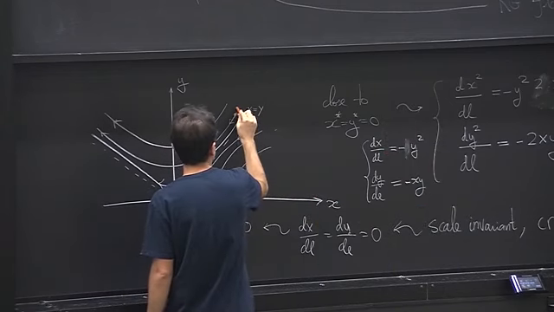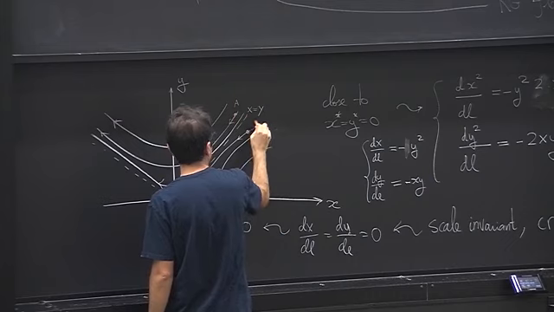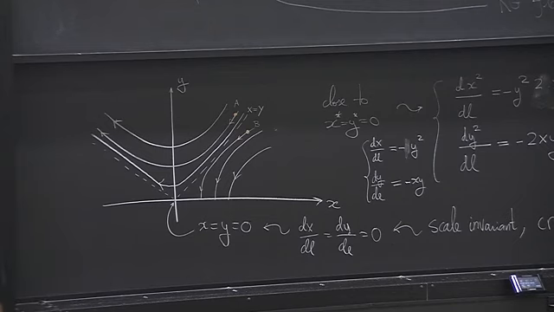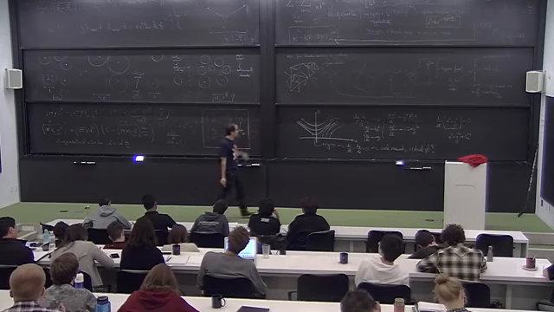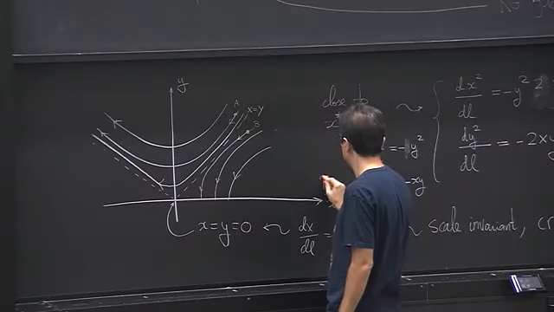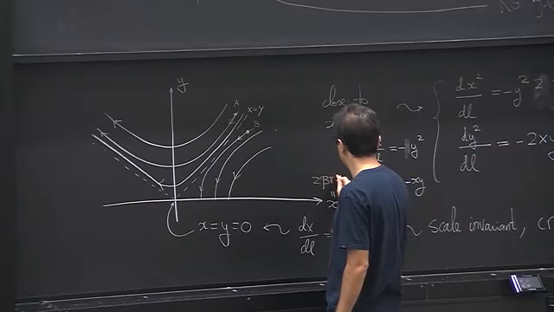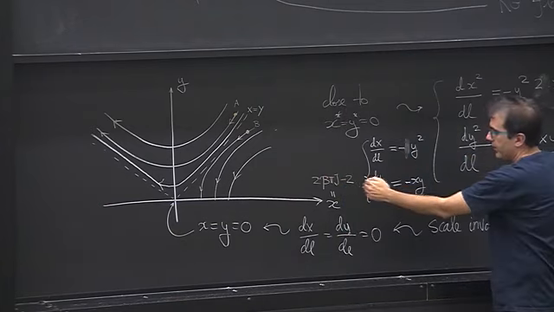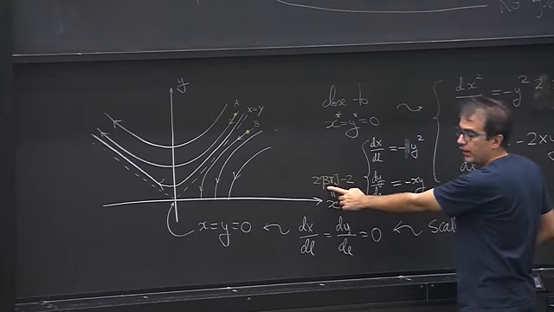So clearly, we have scenario A and scenario B. And depending on where we start, remember that this x is 2 pi beta J minus 2. So you see that x being very large means beta being very large.